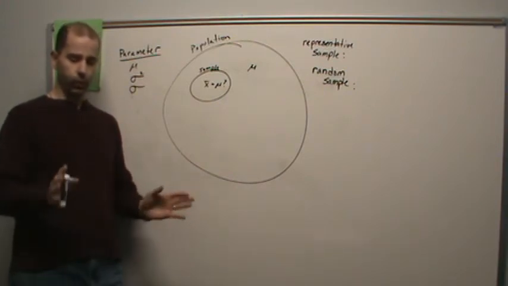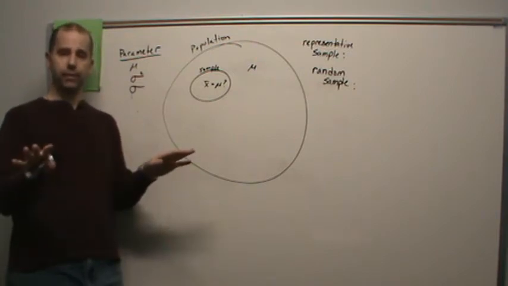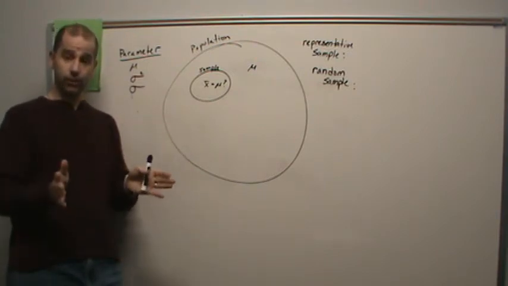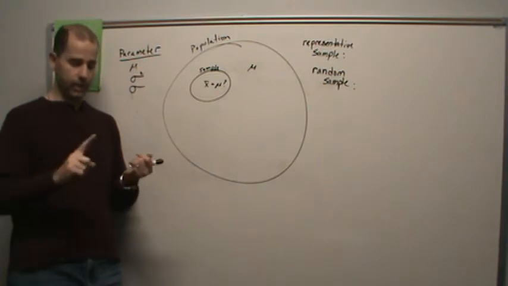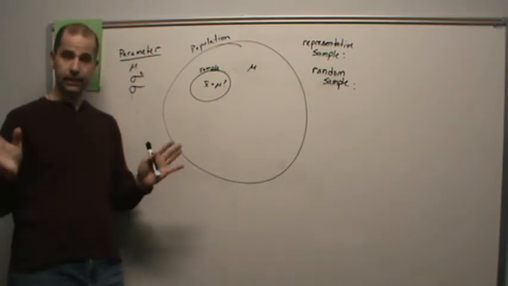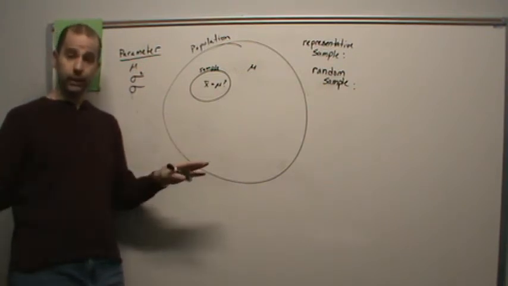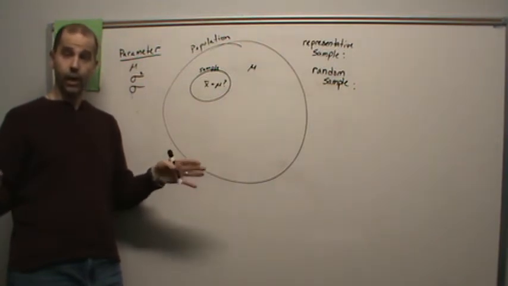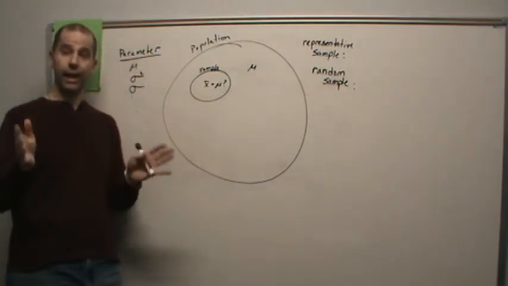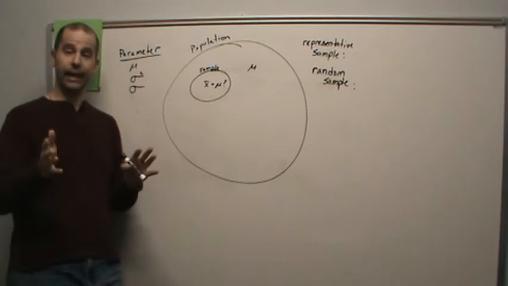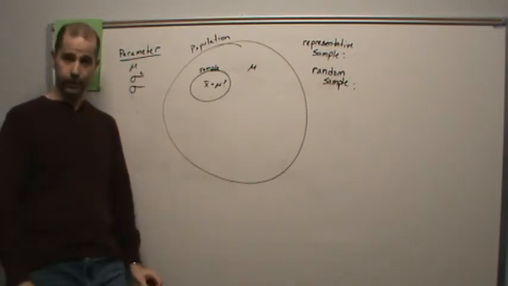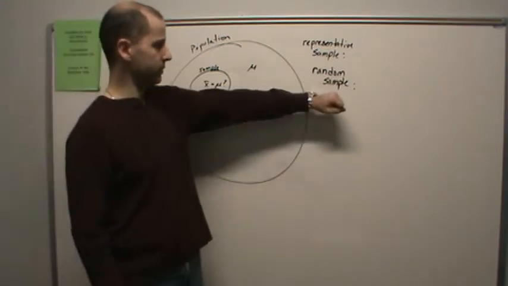Whatever sampling method you employ, if all the subjects in a population are equally likely to be chosen, then that's a random sampling process, and you're going to have a random sample.